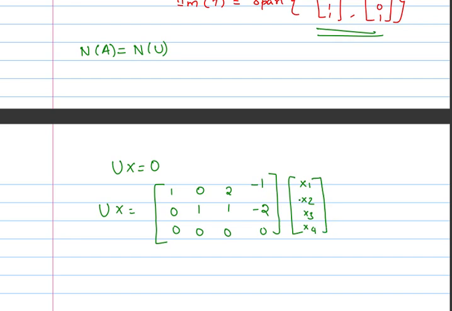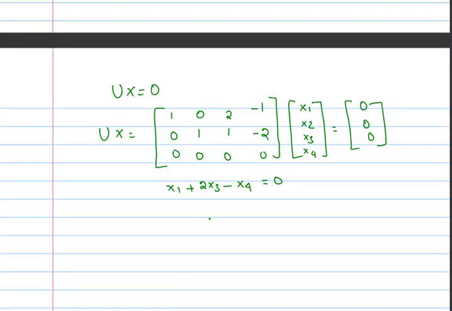The given problem uses x, y, z and t directly. So the equation is x1 plus 2 x3 minus x4 equals 0. The second equation is x2 plus x3 minus 2 x4 equals 0.